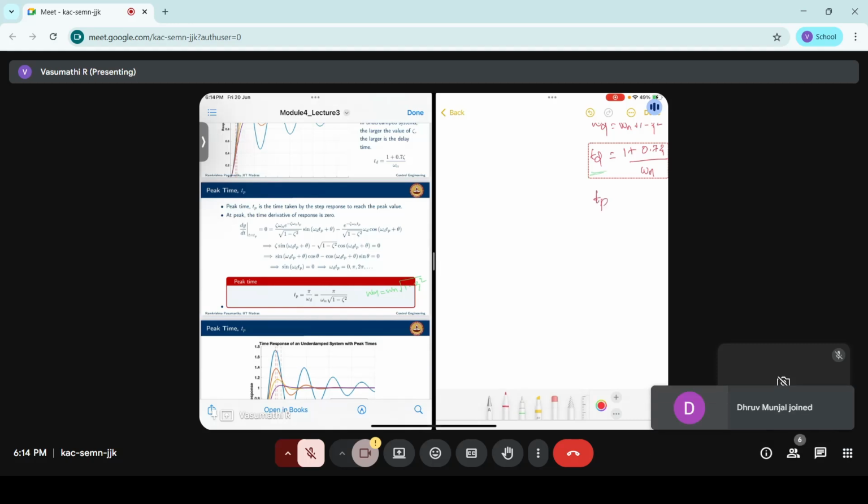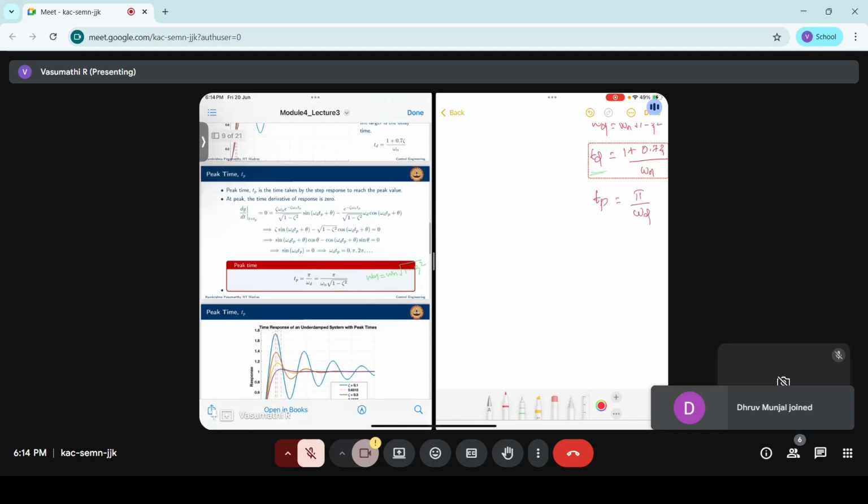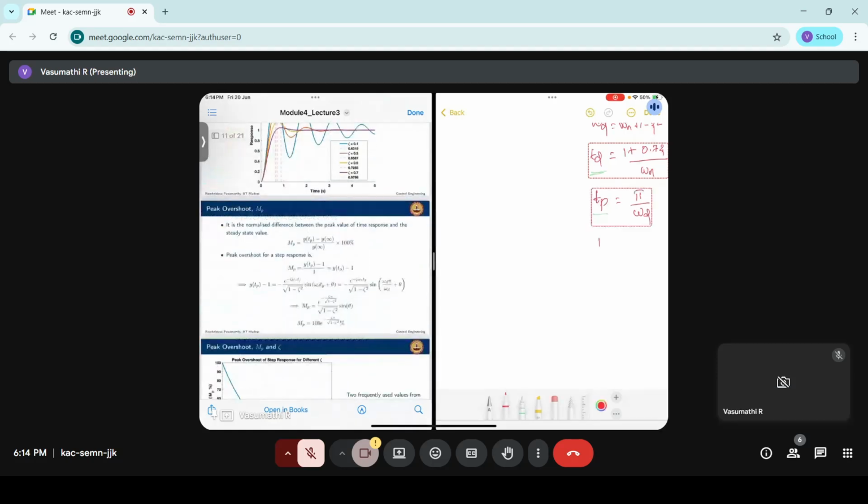Then it is peak time, this will be pi by omega d, where omega d we can expand. Then peak overshoot, we call it Mp percentage, that will be 100 into e power minus zeta pi by root of 1 minus zeta square overall, into percentage. This we will calculate always in percentage, that's why we are multiplying by 100. Okay, this is another equation.